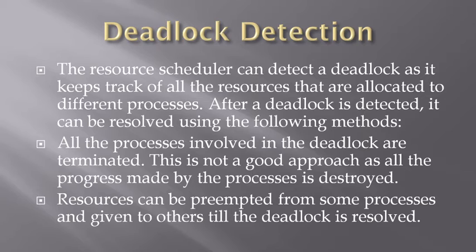Like that we share the resources. Preempting means we take the resource and allocate it to some process. Once one process is completed, the other process will easily complete. Like that we can reduce the waiting time. These are the two deadlock resolution methods.